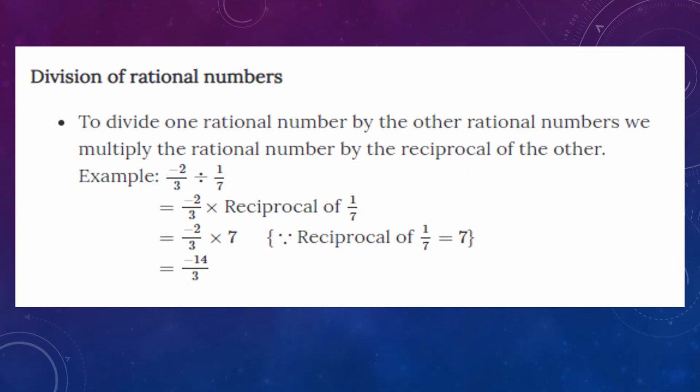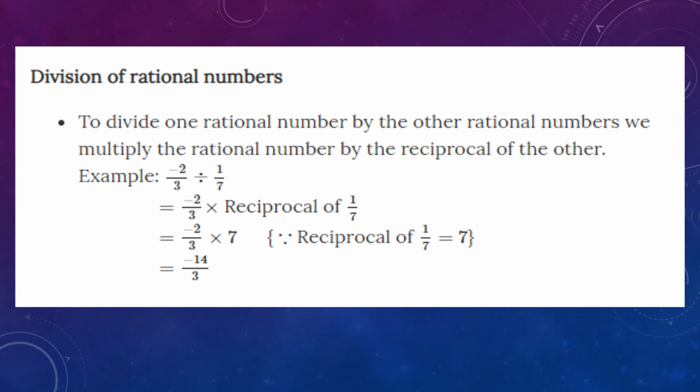Division of rational numbers. Division of rational numbers you can do in the same manner as we have learned in division of fractions. To divide one rational number by another rational number, we multiply the first rational number by the reciprocal of the other. For example, 2 by 3 divided by 1 by 7, we have to take the reciprocal of the divisor.